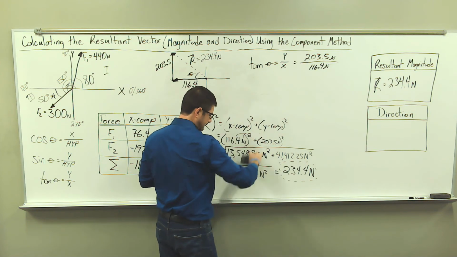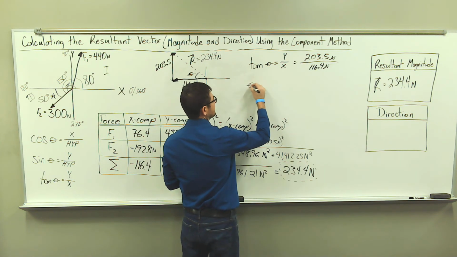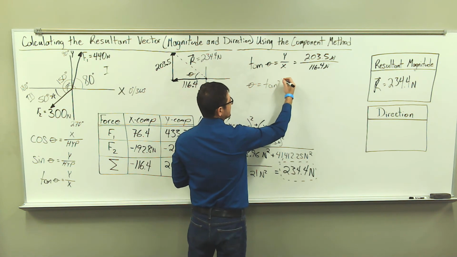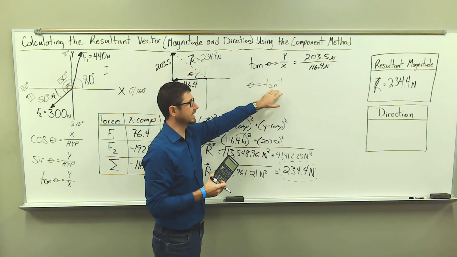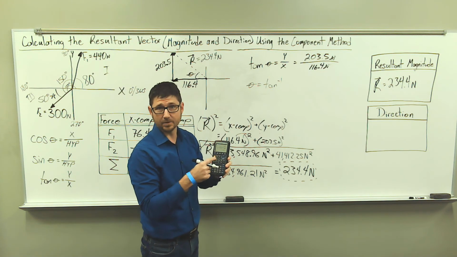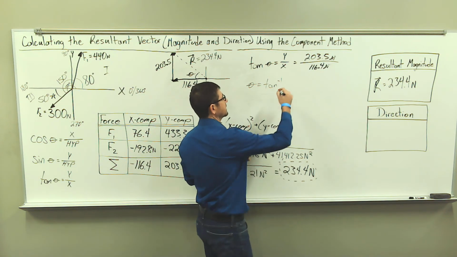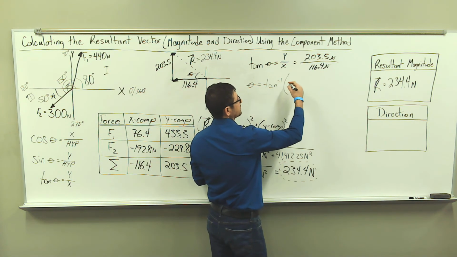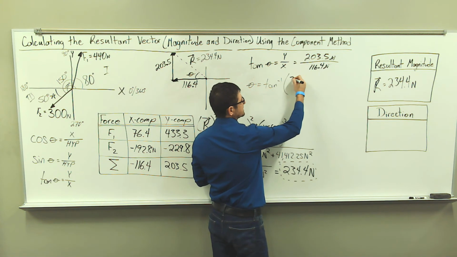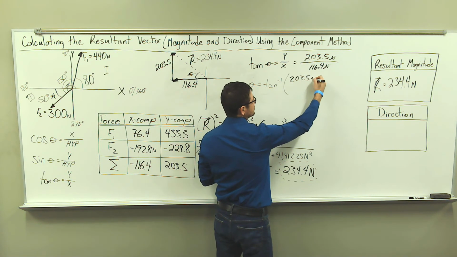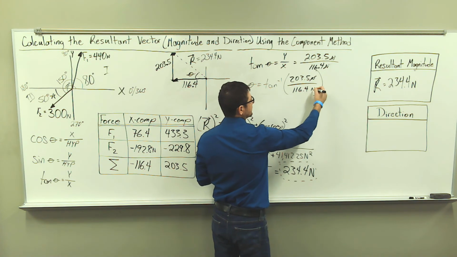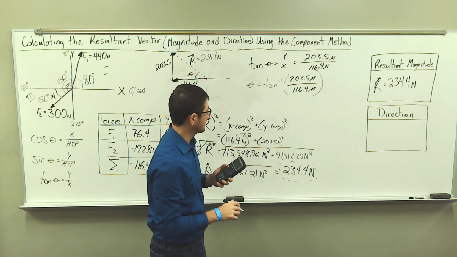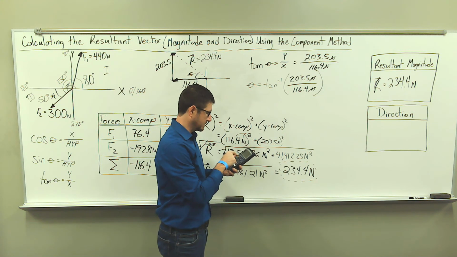So what we have is theta equals, and instead of writing arctangent, I'm just going to say tangent with the -1 because that's how it is on your calculator. Arctangent of the ratio of y to x, so 203.5 newtons divided by 116.4 newtons. Okay, that's going to cancel out. So we have arctangent.